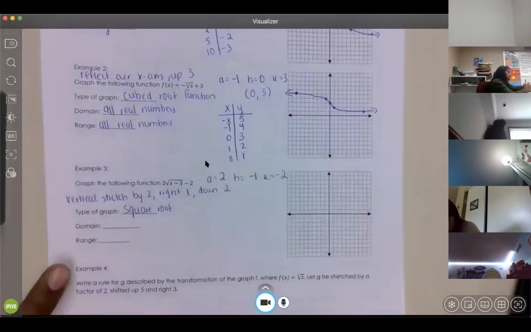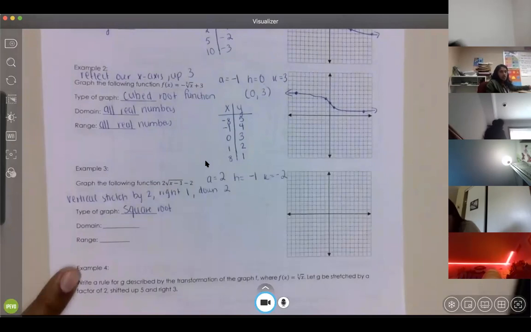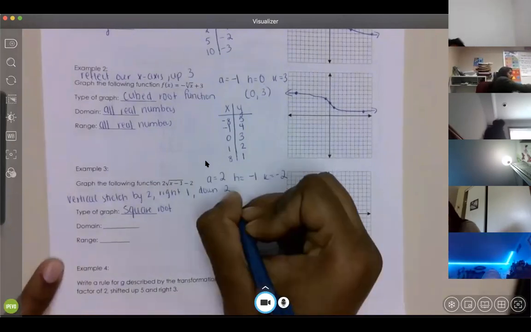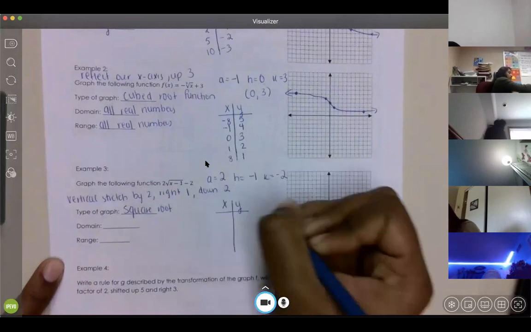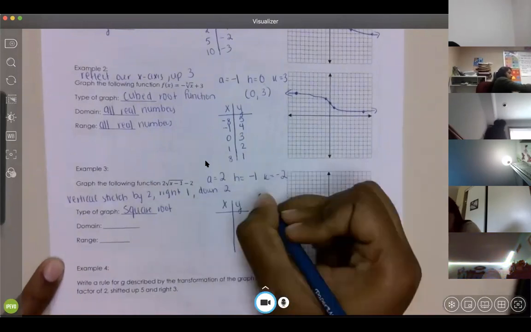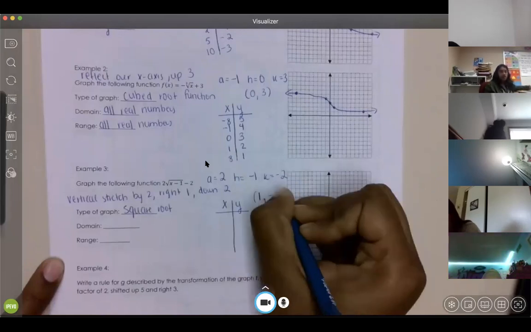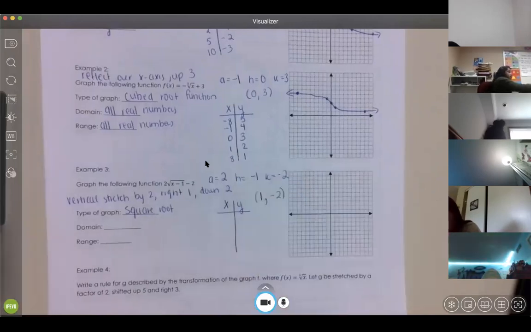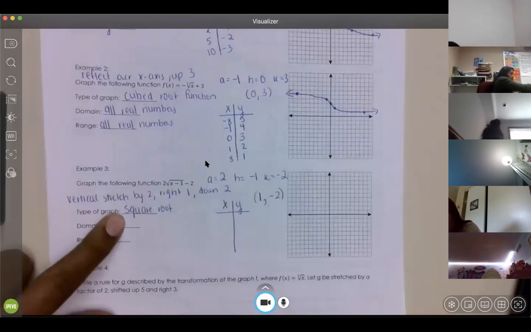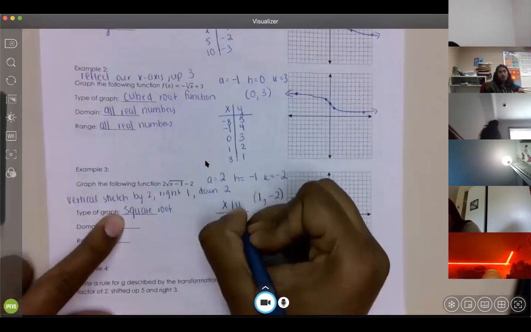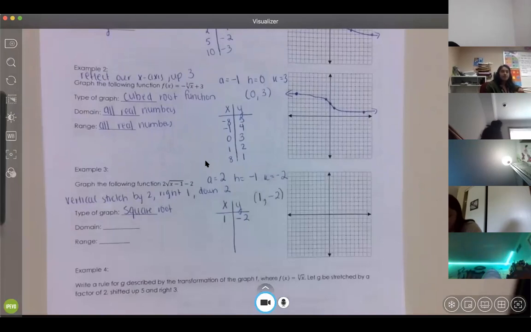All right, so now we're going to go ahead and fill out our table of values. Your table of values is the opposite of h, so +1, and then k, which is -2. Since this is a square root function, your critical point goes at the very top, so 1, -2 goes at the top.